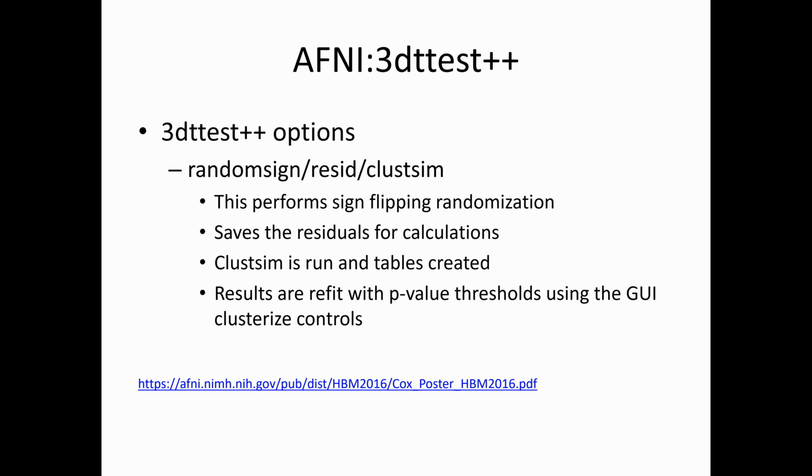So, 3D t-test plus plus is something Lisa brought up when she was talking about the test. Of all the group testing methods that AFNI has, it is the one most supported, the one which they've put the most bells and whistles into. And it's the only one that really takes on the permutations issue.